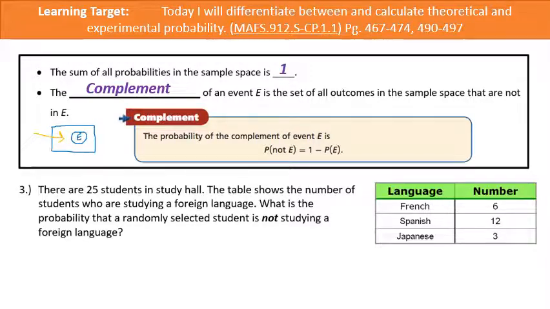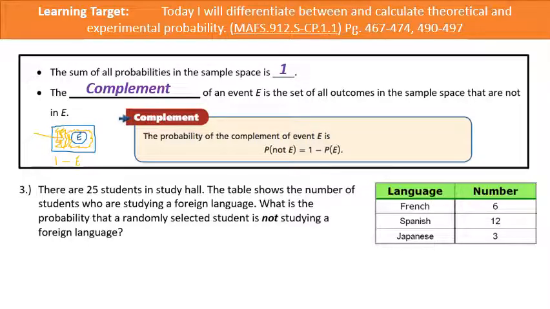So the probability is 1 minus the probability of E. Minus the probability you're in this circle, that will give me all of this space here. 1 minus E would be all of this space out here on the outside. It's a little bit difficult conceptually to understand, but once you do, it's pretty easy to do in practice.